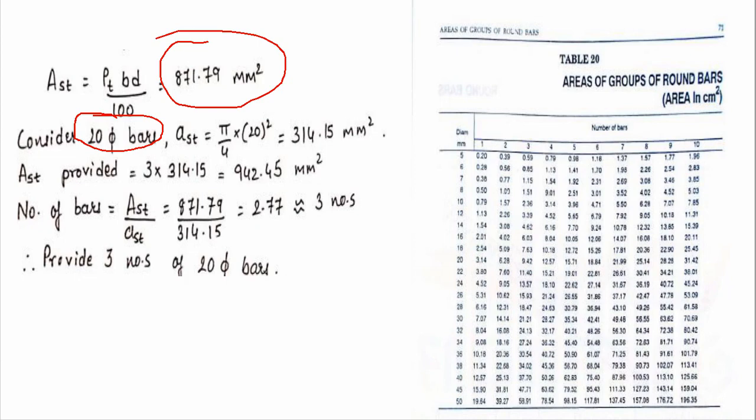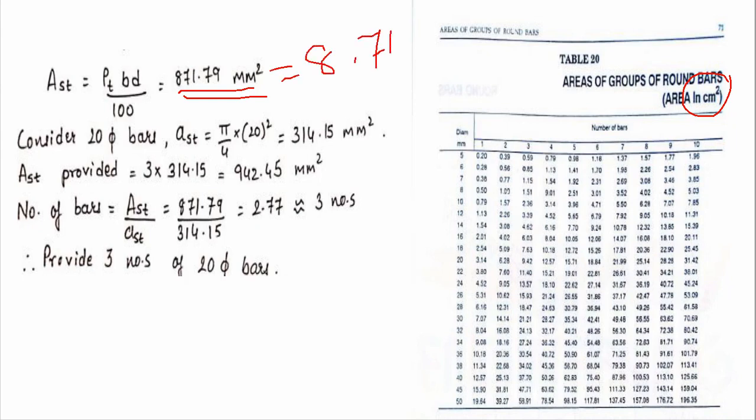Now how do we relate this to the steel table and provide the actual bars? As the value is 871.79 mm square and the table is in centimeter square, we need to convert it, so it will be 8.71. We need to find a value of 8.71 or a value nearest above it.